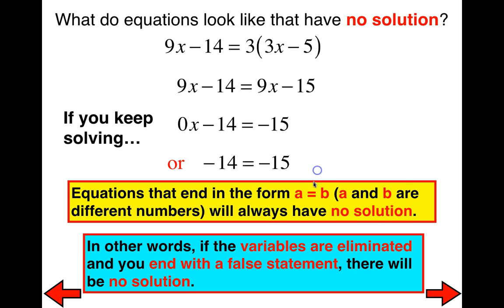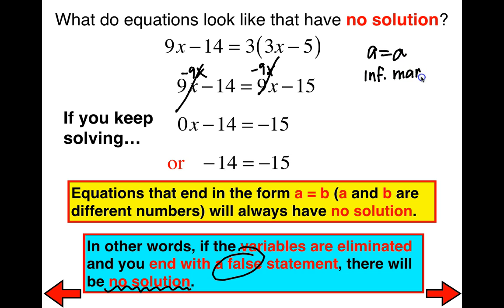Or in other words, you can say if the variables are eliminated, like they were in this case, just to prove my point, subtracting 9x from both sides, they were eliminated here, then if you end up with a false statement, the answer will be no solution. So quick recap, if we get a equals a, that's infinitely many solutions.